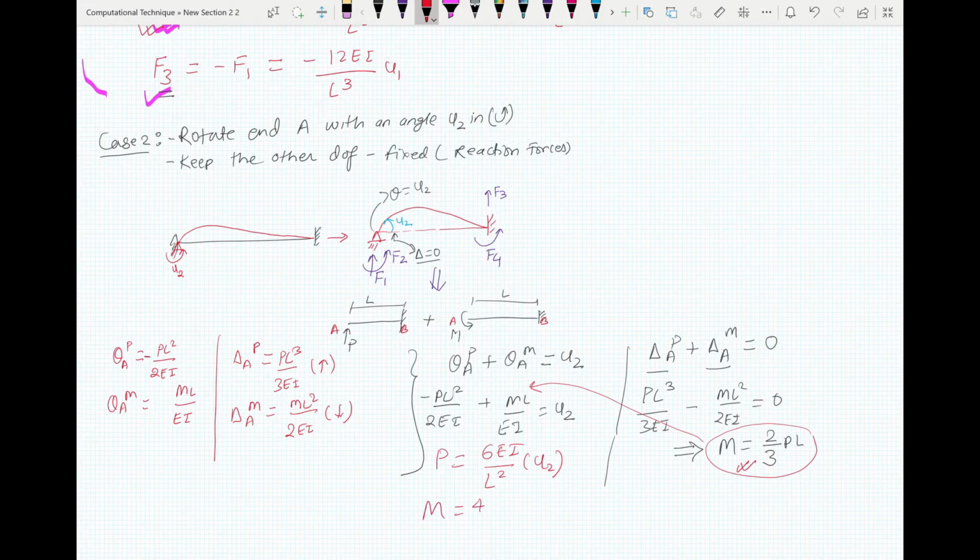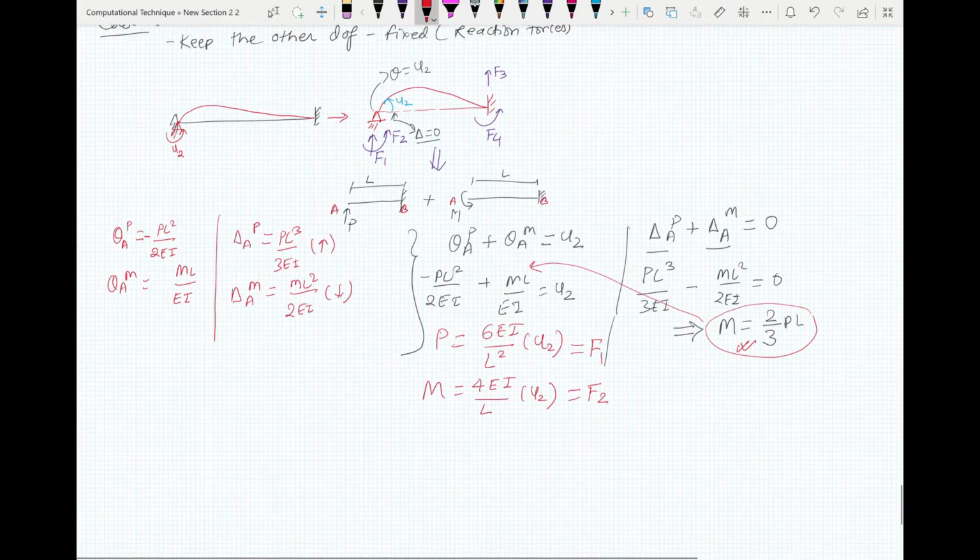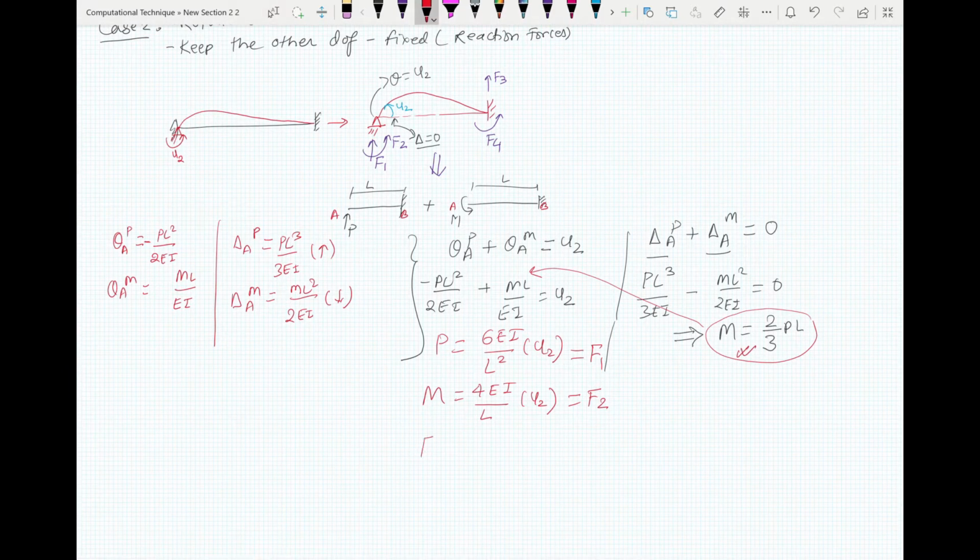It will be 4EI by L U2. Now this P corresponds to F1 and this one corresponds to F2. Now you can use your equilibrium equation to obtain F3, which will be equal to minus F1, which equals minus 6EI by L square U2.